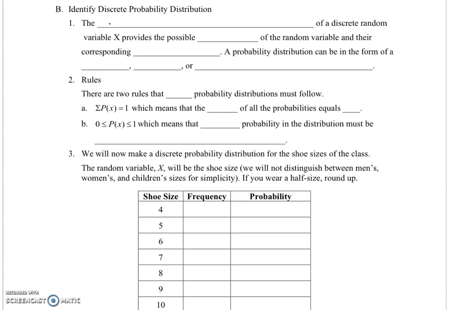So, the probability distribution of a discrete random variable x provides the possible values of the random variable and their corresponding probabilities.